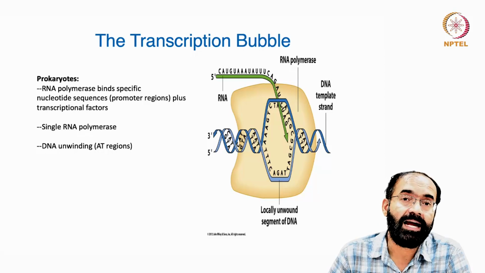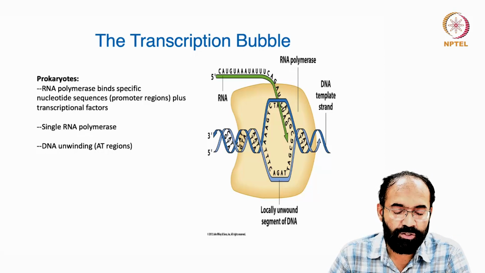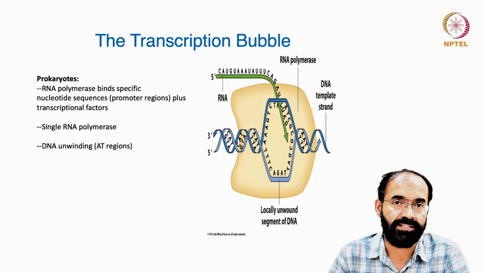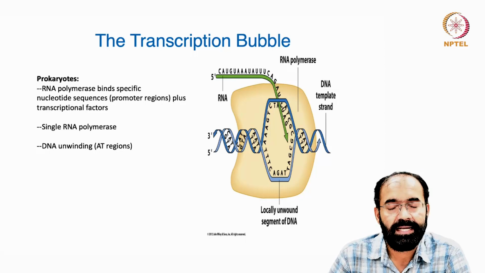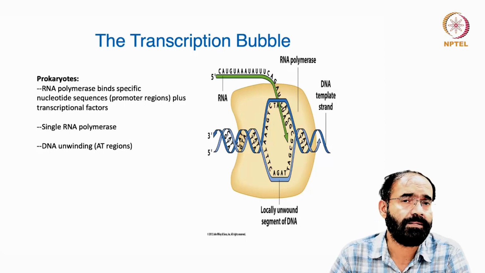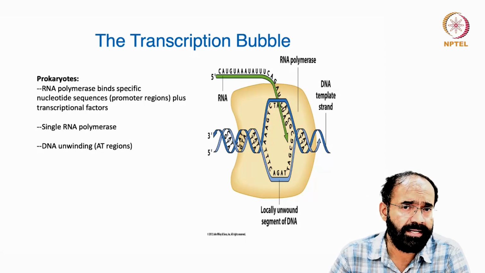And DNA unwinding has to take place, and usually they are AT rich regions. AT means what? Adenine and thymine. We know adenine is pairing with thymine, and if thymine is present adjacent, then it will pair with adenine. So basically it is AT or sometimes AAT or ATT, like that.